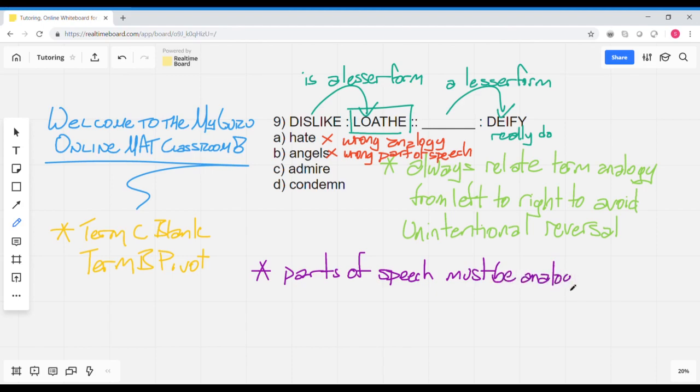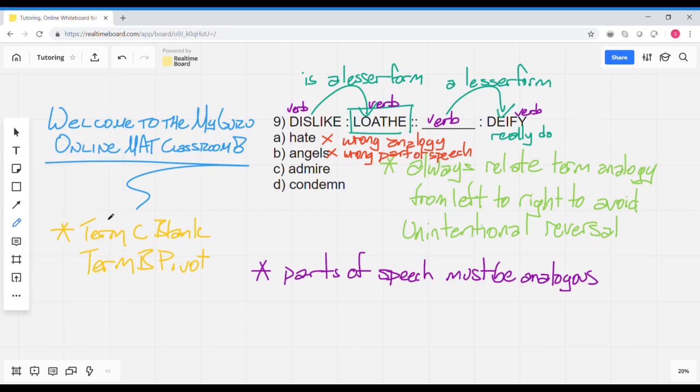So in this case, since we've got dislike and loathe, we've got two different verbs. And since deify is also a verb, we know that this has to be a verb too. So that's just a secondary way to eliminate answer choices like angels, where you're just saying, well, that's a noun and it's a plural noun, has nothing to do with all these verbs that are obviously being related in this case.